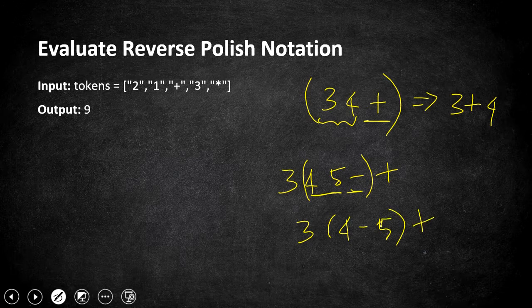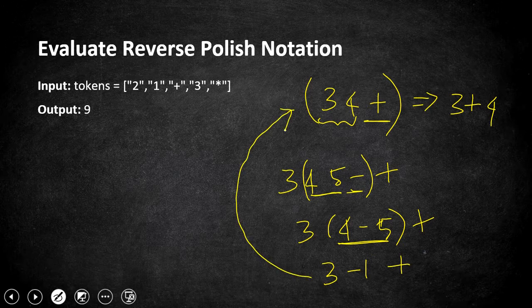If you solve this, it is going to be minus 1. So then comes 3, minus 1, plus. It shortens again to the first example I explained, which is 3 plus minus 1, and this is going to be solved as 2. Hope you're understanding what reverse Polish notation is.